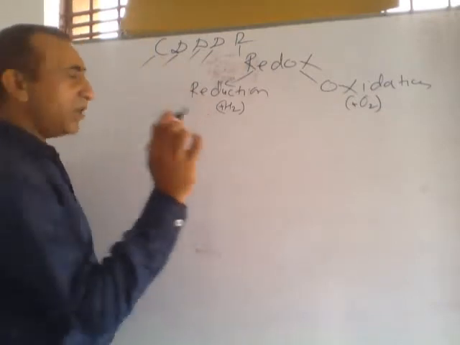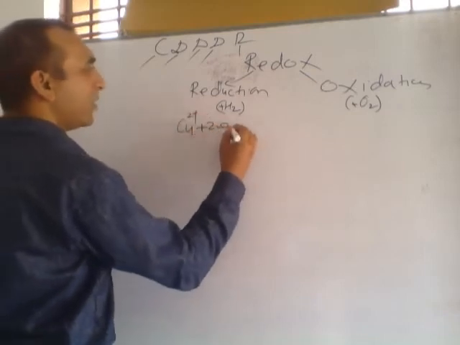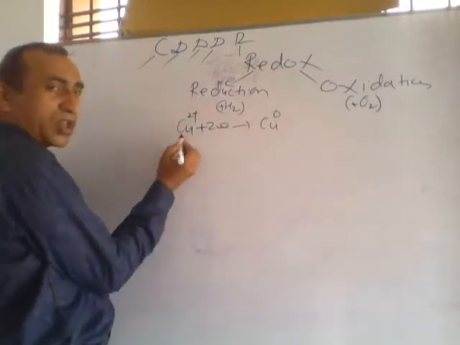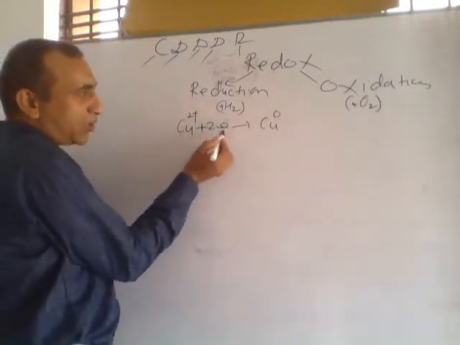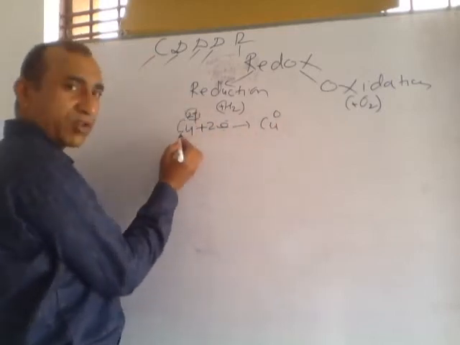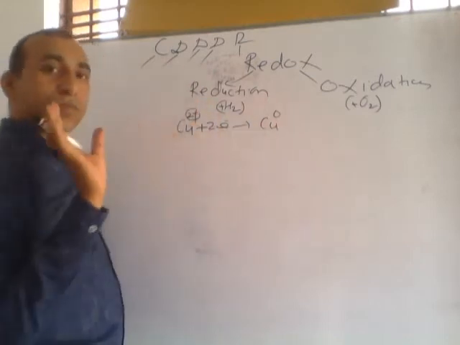If any element, suppose this is Cu2+, it is gaining electrons forming Cu0. So here copper, cupric 2 plus, is gaining 2 electrons and forming 0. So here the oxidation state, the valency of this copper, is decreasing. So the process is called reduction.